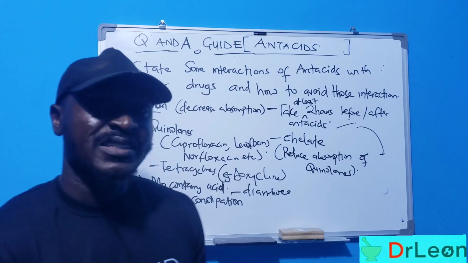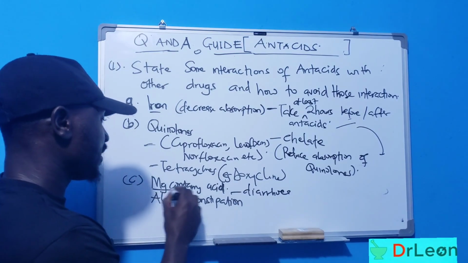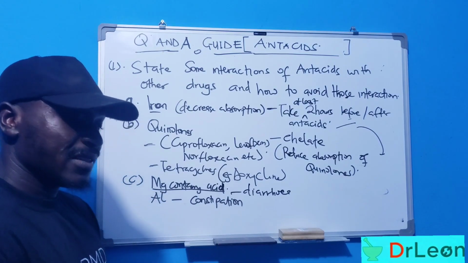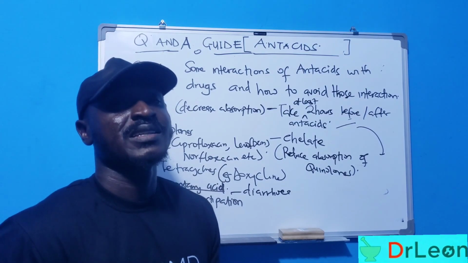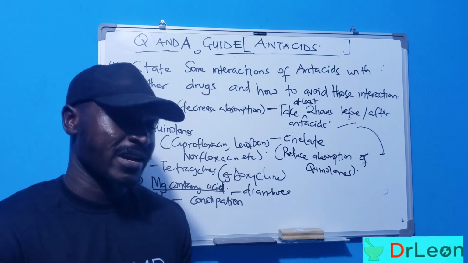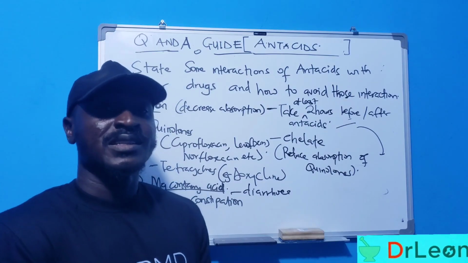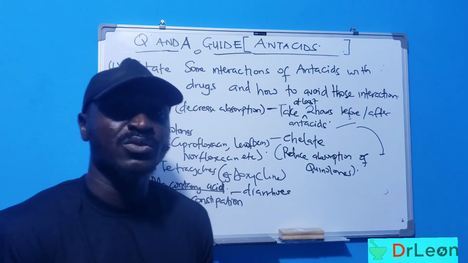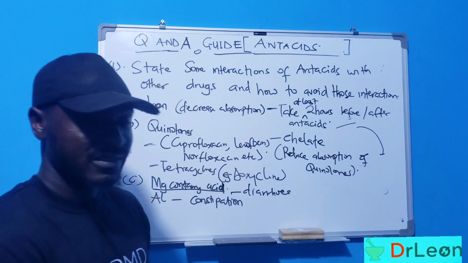So one interaction with magnesium containing antacid is giving such medication to a patient who is already having diarrhea, or giving such a medication to a patient who is given a laxative already.